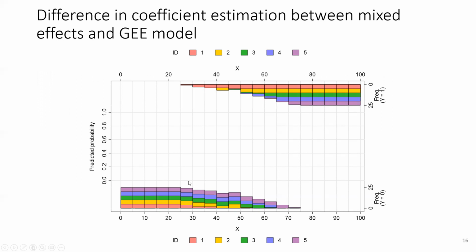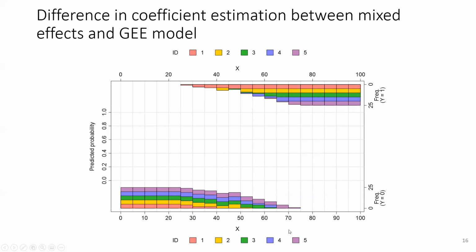So for example, in cluster 1, up to 25, all the observations had Y equal to 0. Starting from 25, we started to have observations with Y equal to 1. And after 40, all the observations were Y equal to 1.